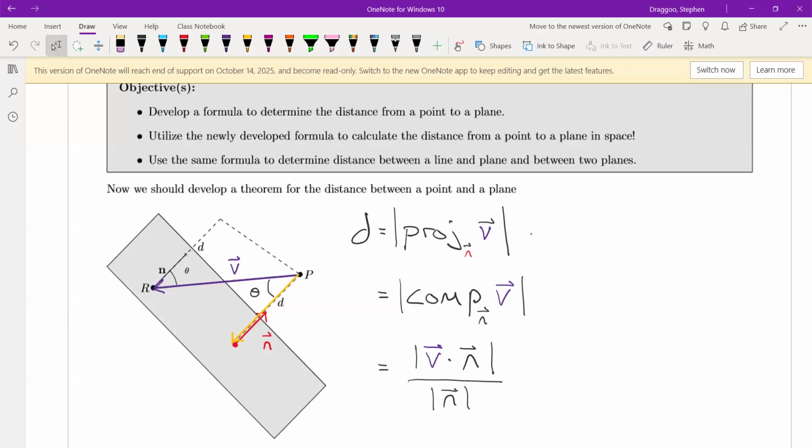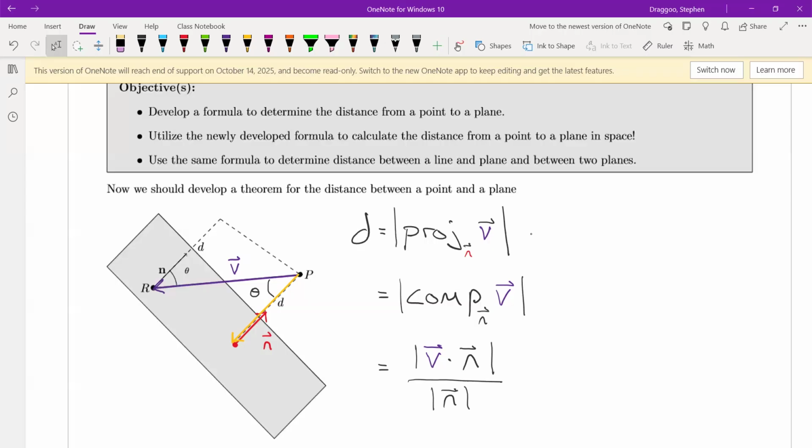So it's got a very nice looking formula, just the dot product of my vector v with the normal vector divided by the magnitude of the normal vector, because I don't care how long the normal vector is. The only magnitude I care about is the one that connects my point to anything that's on the plane.